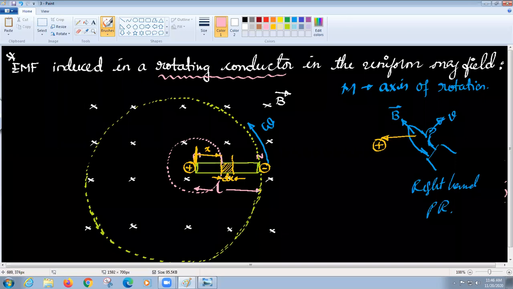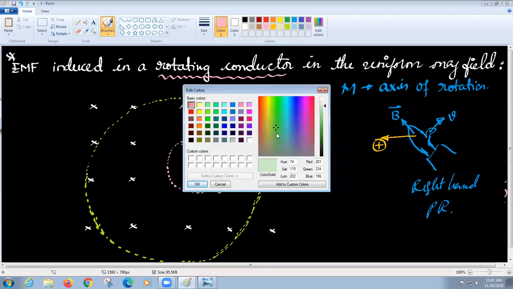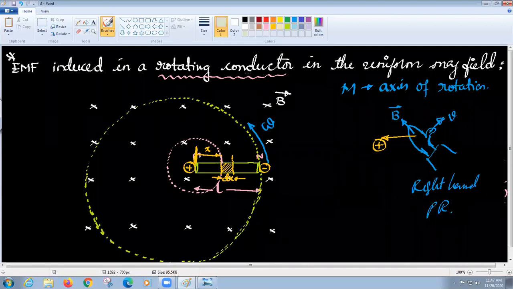So now this dx element will experience a linear speed. Anyways, this is my V. Yes or not? I can take linear speed V.